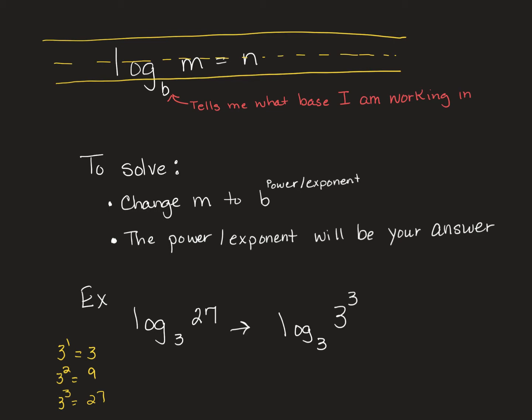Okay? And then remember that your power or your exponent is the answer. So this equals 3. I know, lots of 3's, a little confusing. Let's look at a few more.